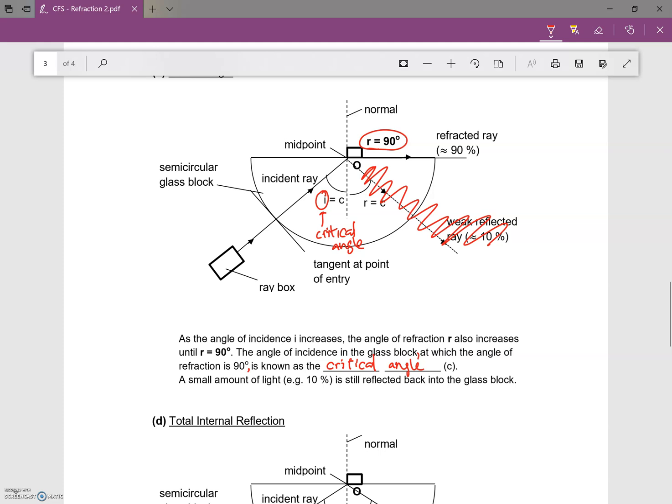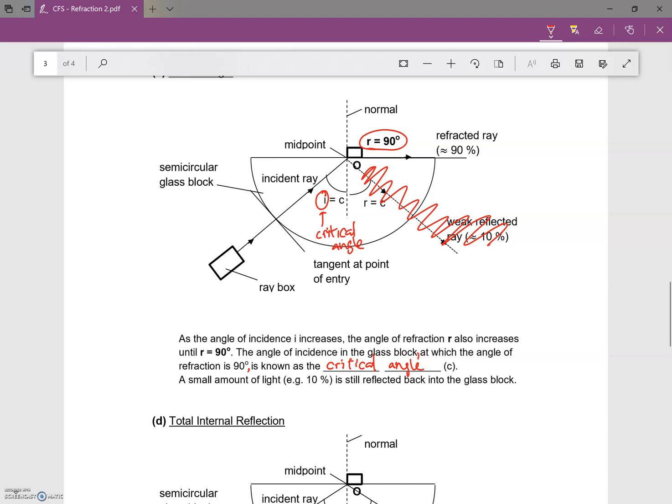Now, question is, what happens if I increase the angle of incidence even more? You realize, if I increase it even more, what's going to happen to this light ray over here? It will start to bend back into the medium. Okay, so do take note, when it bends back into the medium, it doesn't gradually bend.